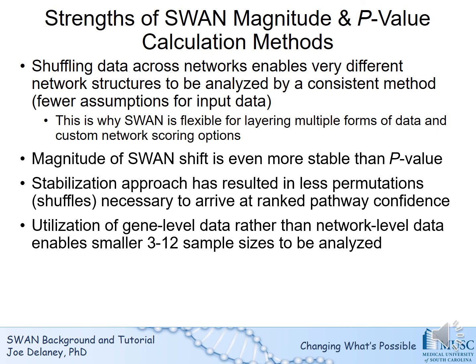And so to get statistical significance with that, you can still get Wilcoxon rank sum comparisons, but instead of using one network per sample, you use all the genes within that pathway per sample. And so that does mean your p-values will be more significant for larger pathways, but at least you can get to some statistical significance for these lower sample sizes.